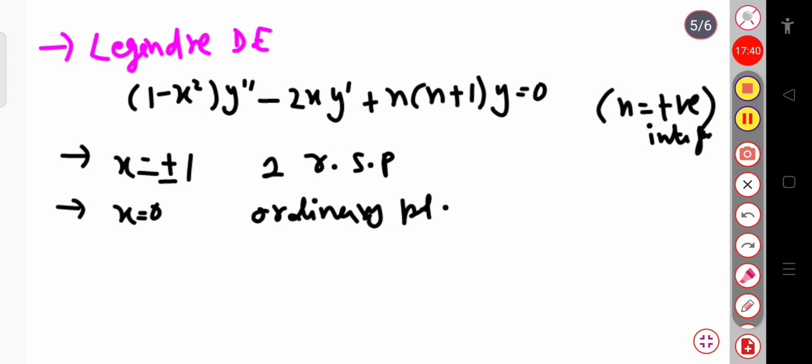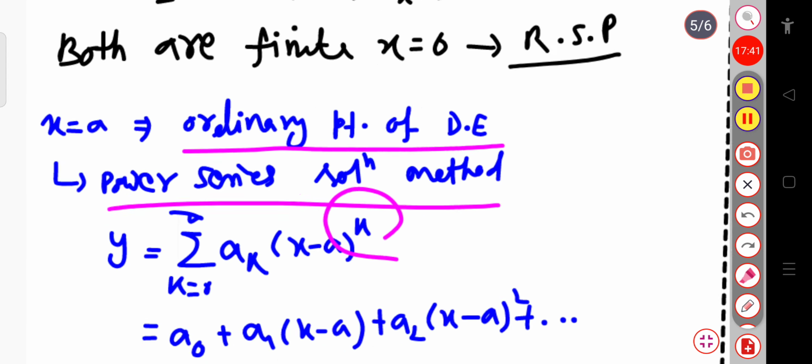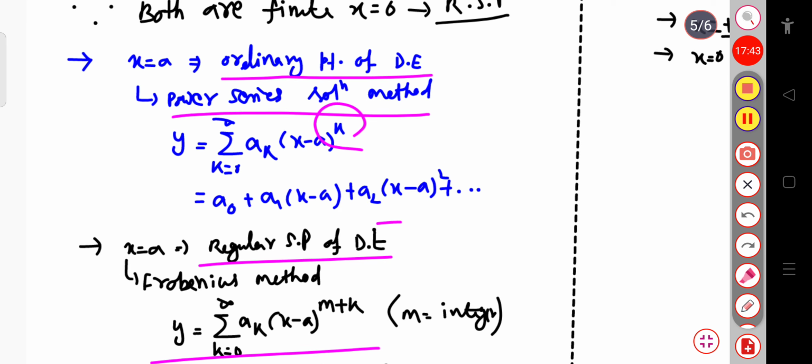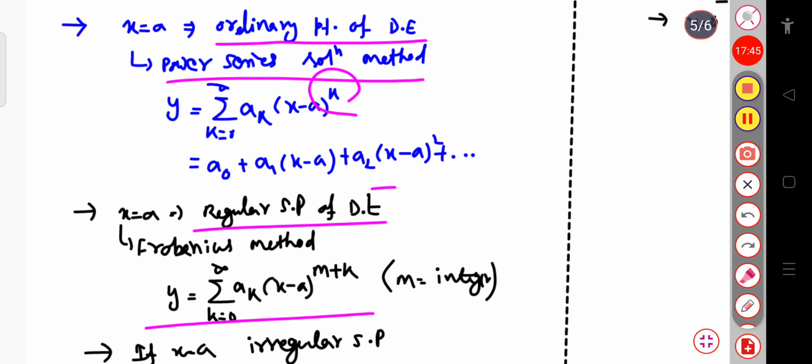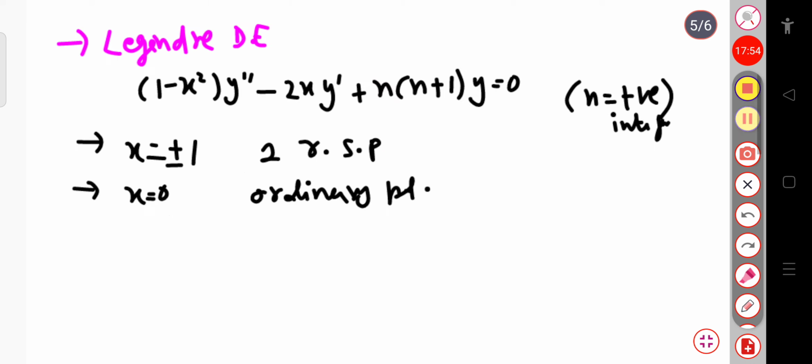You can see here in this Frobenius method, if we put this m value to be 0, then it reduces to the power series solution. So x equal to plus or minus 1 are the two regular singular points, and x equal to 0 is the ordinary point.